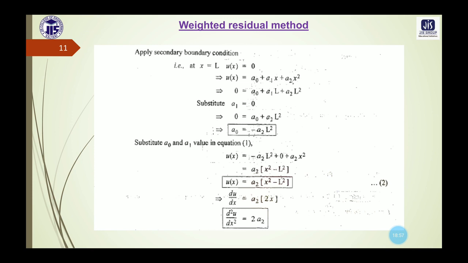Now here if we put a1 equals 0, which we got from the earlier condition where we entered the first boundary condition, then we are getting the value of a0 equal to minus a2L square. So that means we have found the values of a0 and a1.